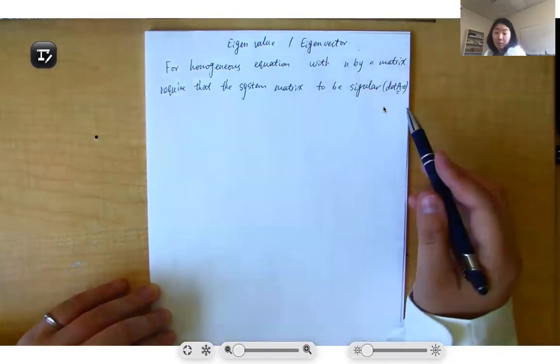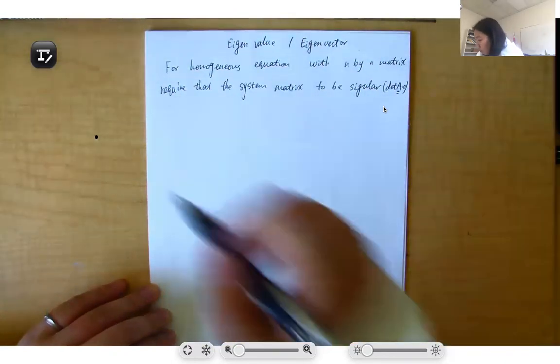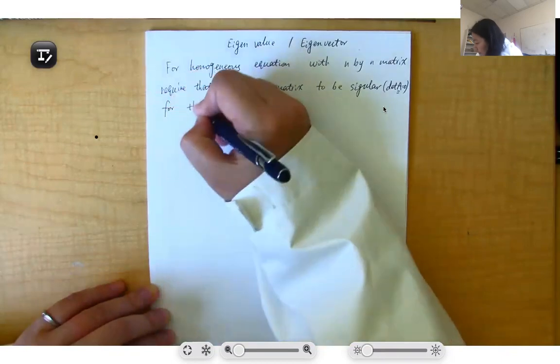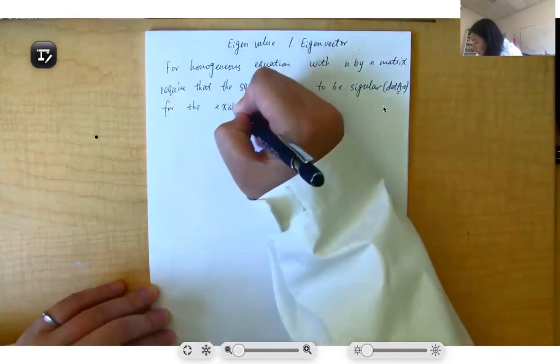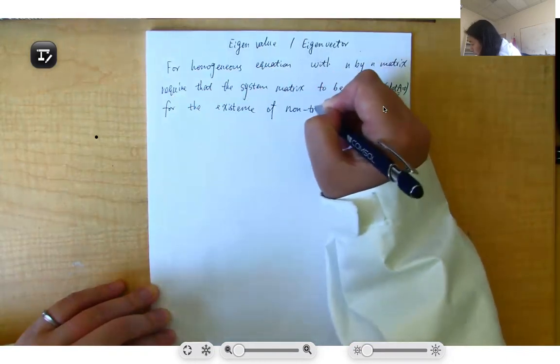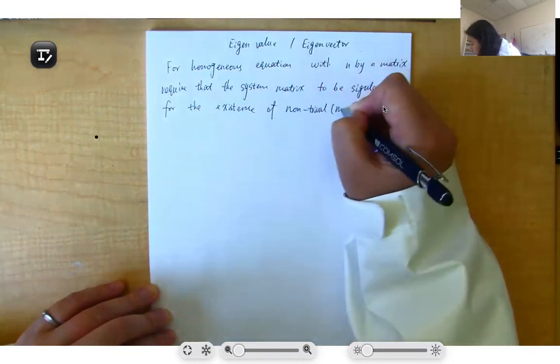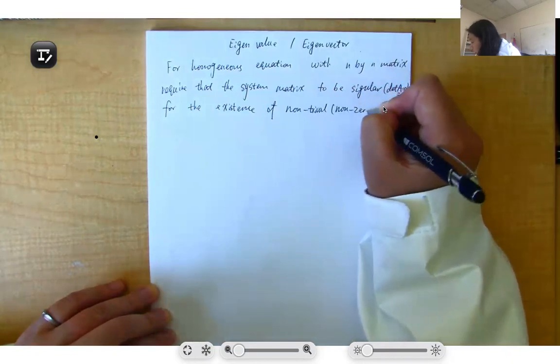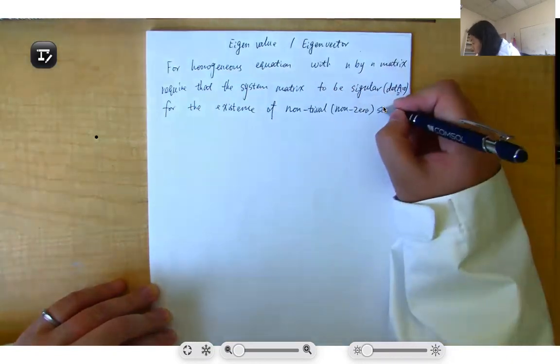The rank of A will be smaller than n for the existence of a non-trivial, or you can say non-zero, solution set of x.